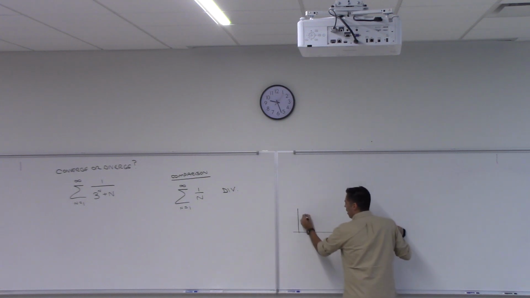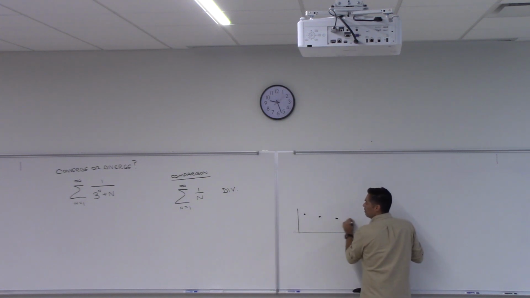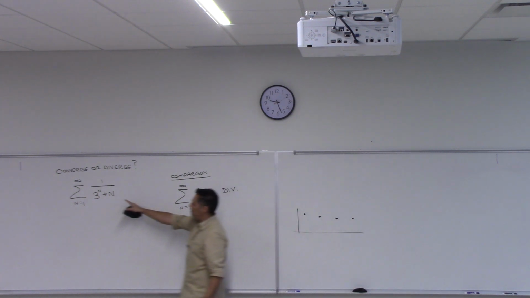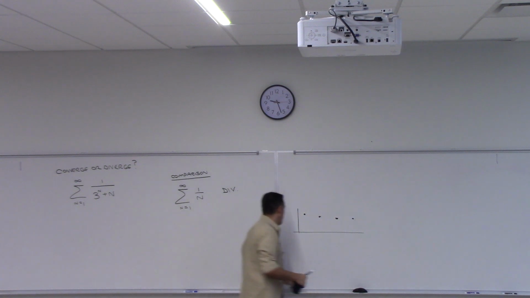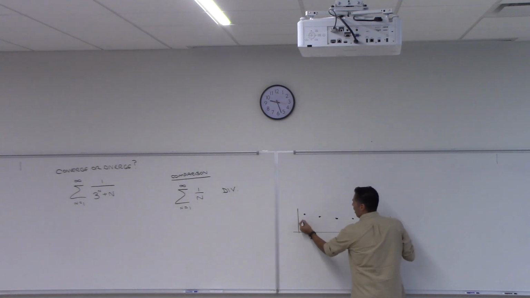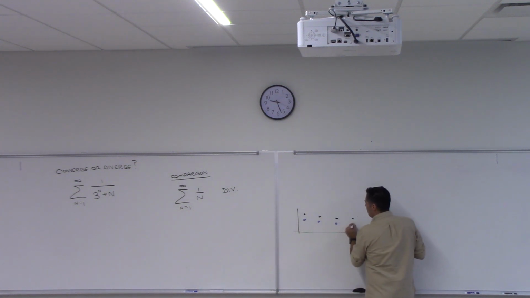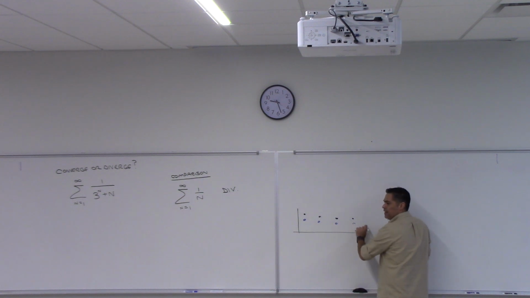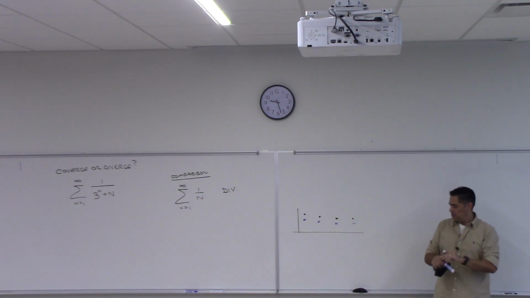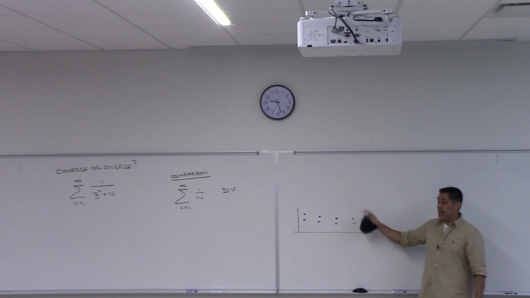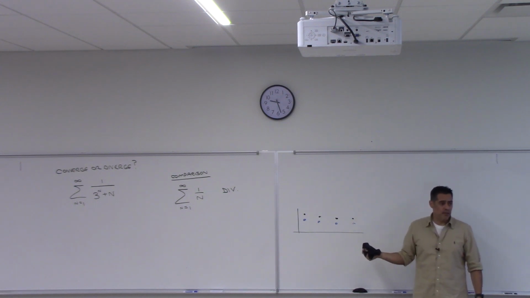So if our black dots are here, if that's us adding up all these dots, we would want to have our blue dots where? Underneath them, so that if the blue dots add up to be infinite and the black dots are bigger, then the black dots will add up to be infinity as well.